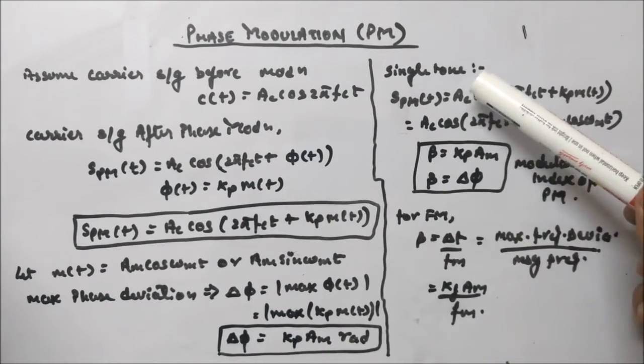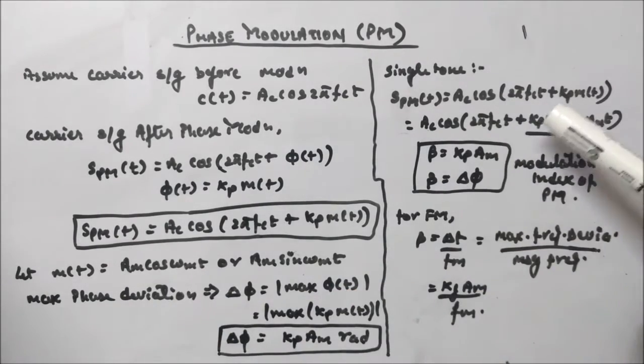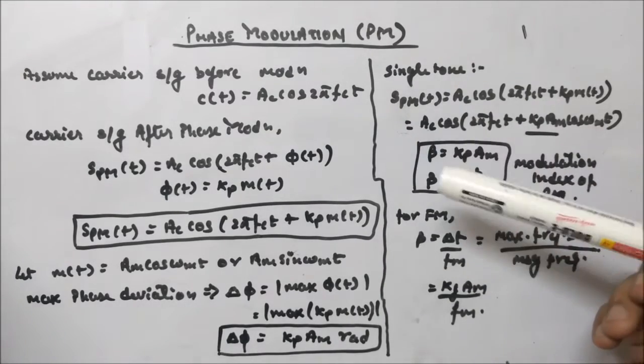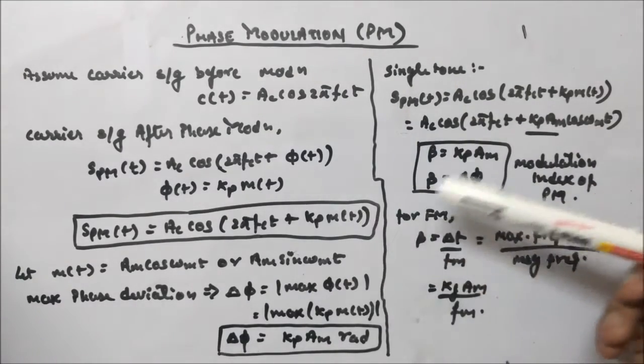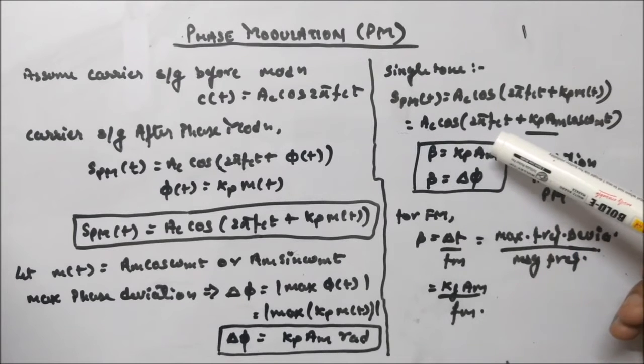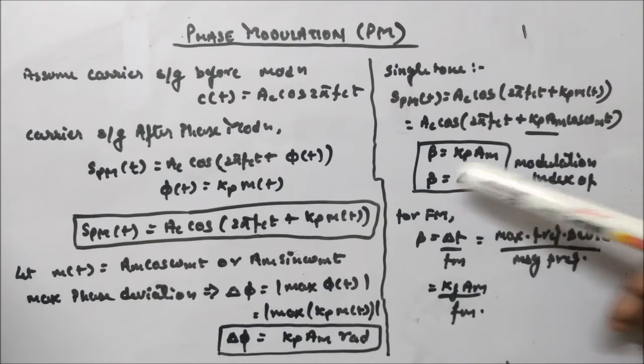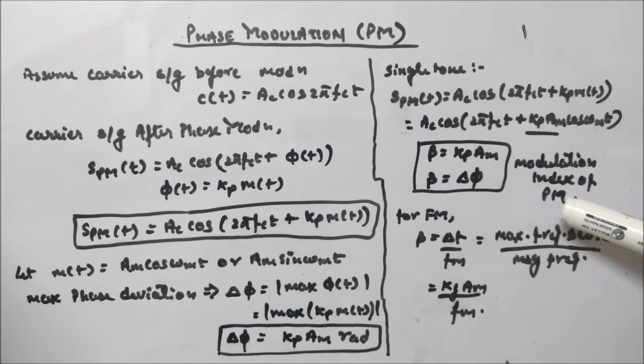Now here, let me consider m(t) equal to Am cos ωm t. If you plug the value of m(t) into this equation, what you will get is Ac cos(2π fc t + Kp Am cos ωm t). Now this term Kp into Am is called β, the modulation index of the phase modulator.